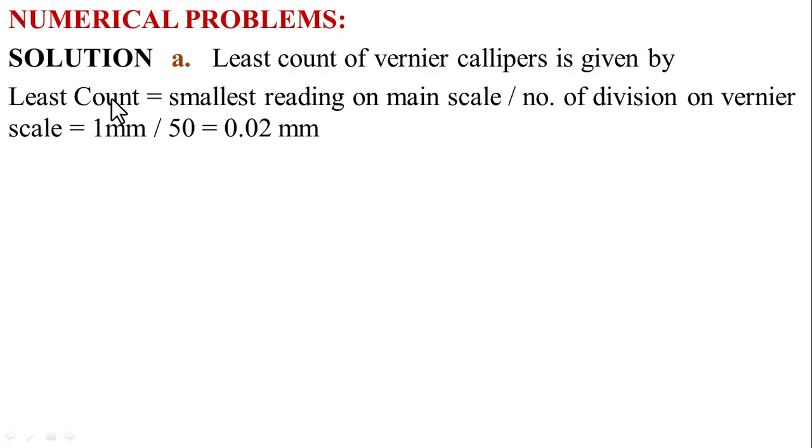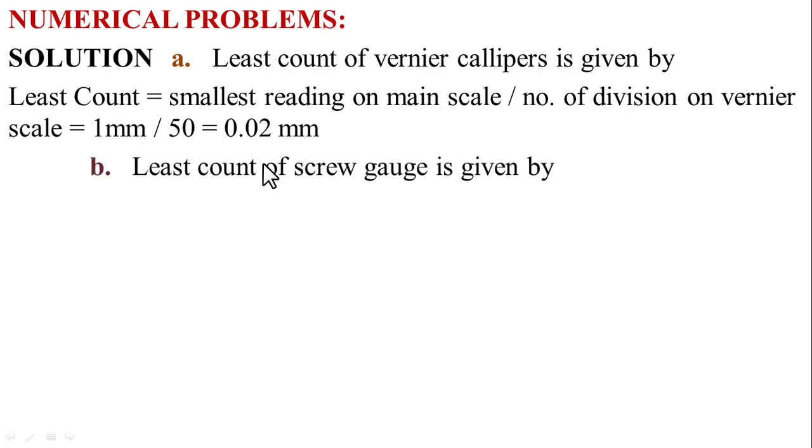Then least count is equal to 1 millimeter divided by 50. So the least count of the vernier caliper is equal to 0.02 millimeter.